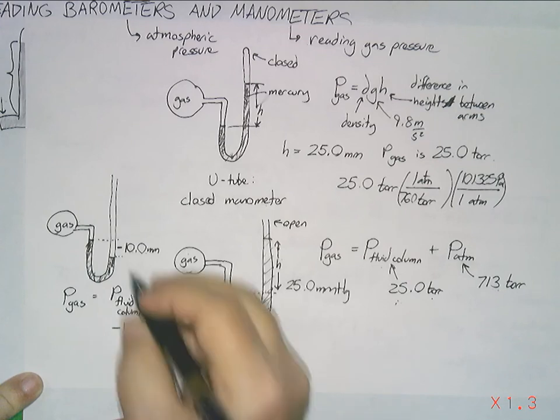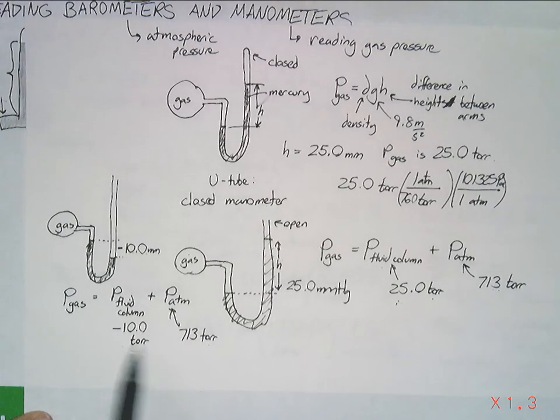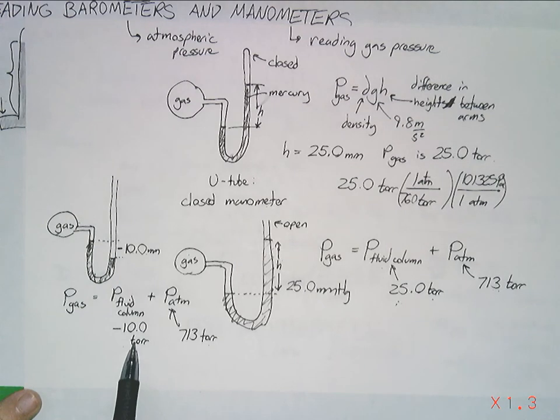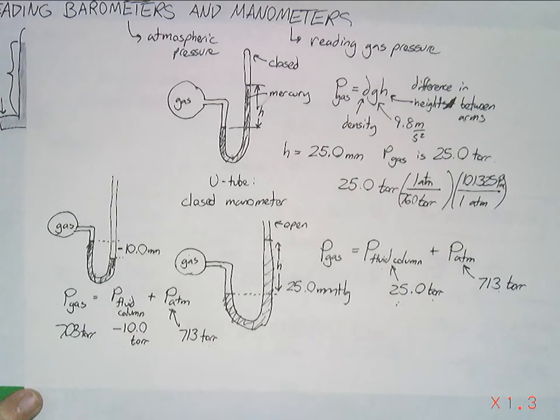If that's millimeters of mercury, that's the same thing as torr. So I'd take 713 minus 10 in this case. So my gas pressure would be 703 torr. So that's something a little bit tricky about reading an open manometer. It's reading the pressure relative to atmospheric pressure.